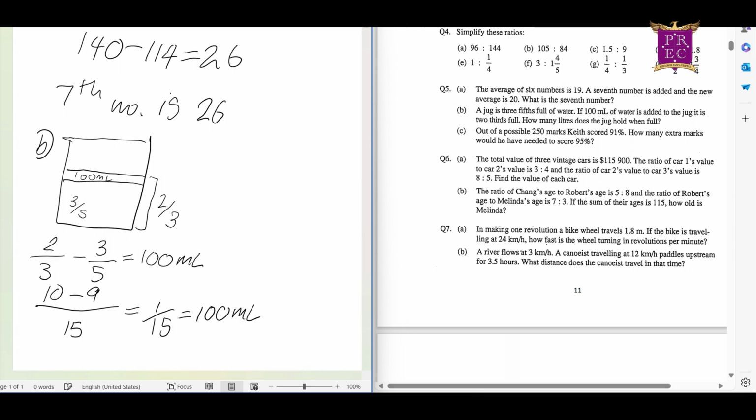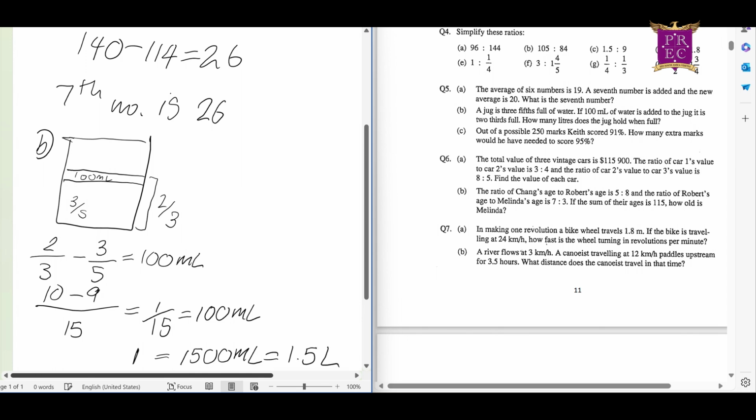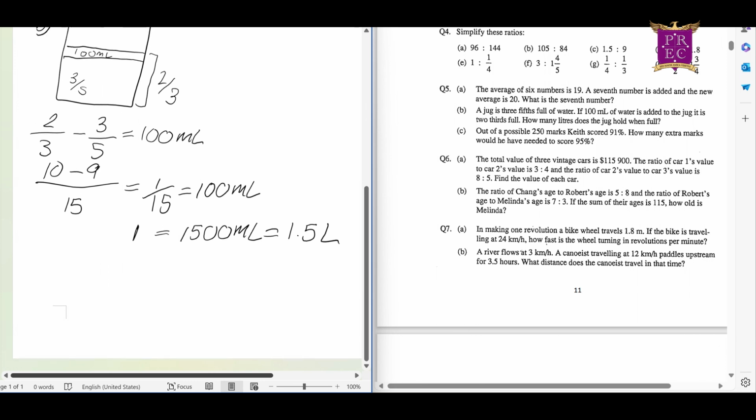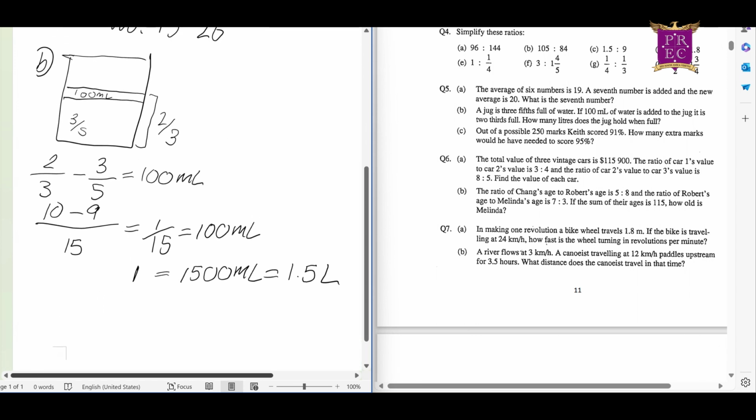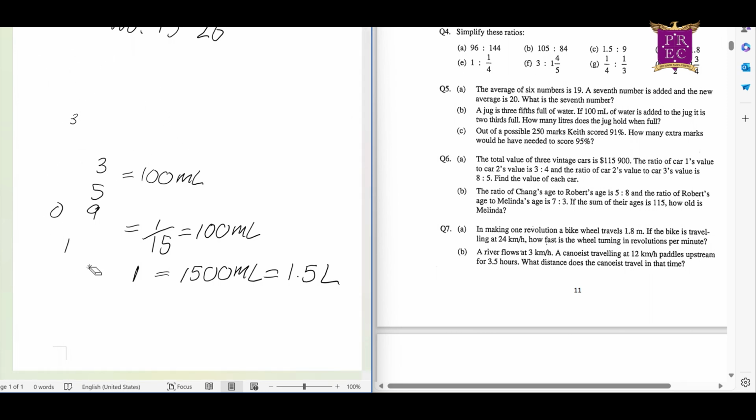If 1/15 of the jug is 100 milliliters, the full jug would be 1500 milliliters. So we multiply both sides by 15. 15 times 1 on 15 gives us 1, and 15 times 100 milliliters gives us 1,500 milliliters. So 1 whole of the jug is 1,500 milliliters, or 1.5 liters. That's it.